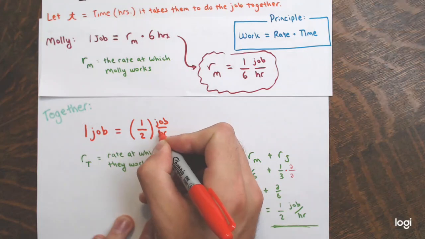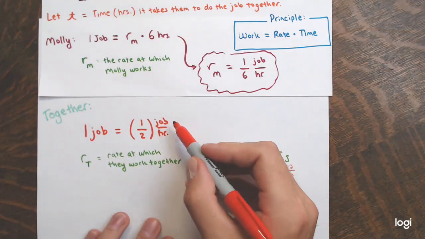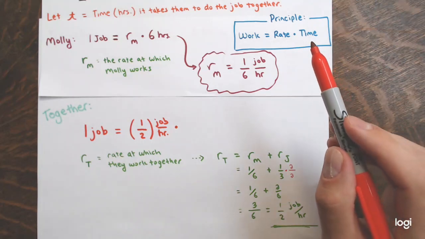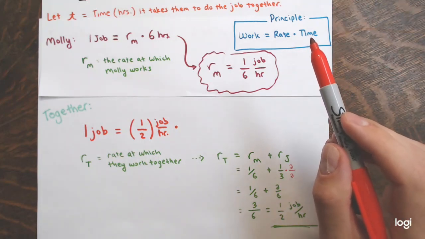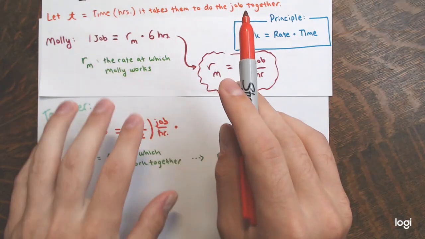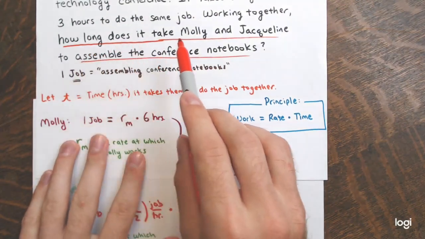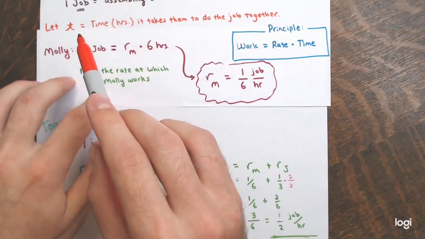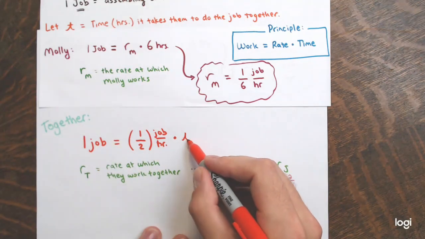It's just usually it's not done. Multiplied by the time. How long does it take them to work together to finish this one job? That was the question. Remember, that was the question posed by the problem. How long did it take them to do it together? And we called that lowercase t, right? That would be t hours.